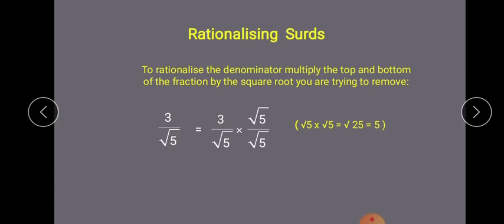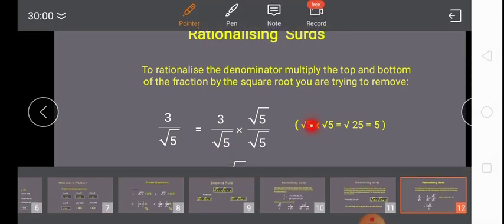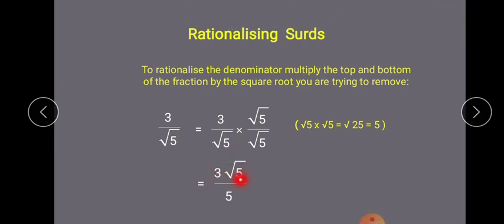Now see, the numerator is 3 into root 5. Now what is the denominator? Root 5 into root 5. I told you when I multiply the same root twice, the root goes away.